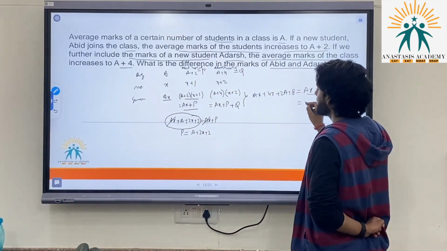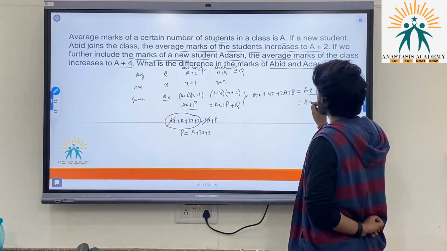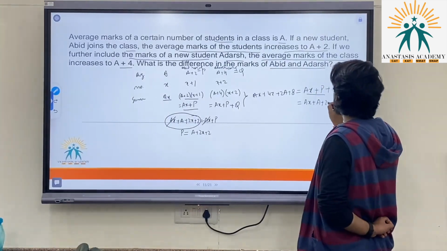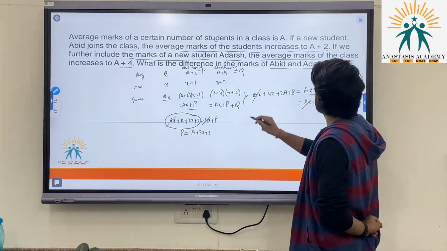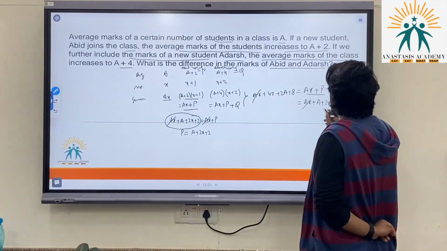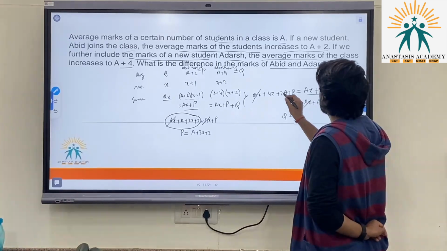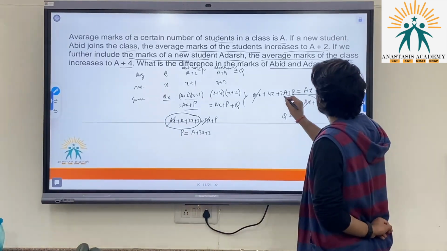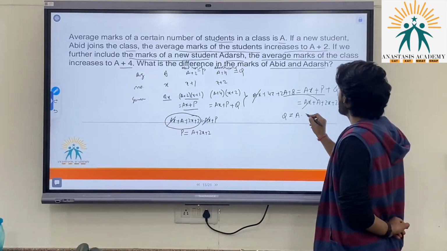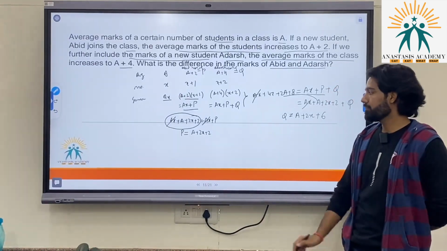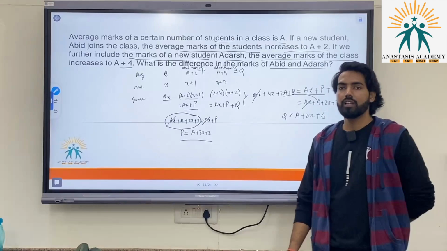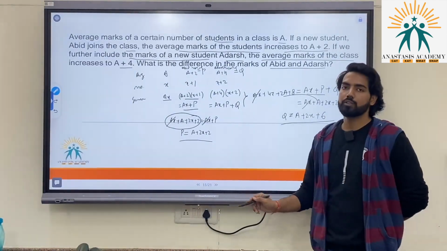So AX plus P, I can write as AX plus A plus 2X plus 2, plus Q. And from here, AX cancels, and Q becomes 4A, moving A here, A left, plus 2X, plus 8 minus 2 is 6. So I am getting P as A plus 2X plus 2 and I am getting Q as A plus 2X plus 6.